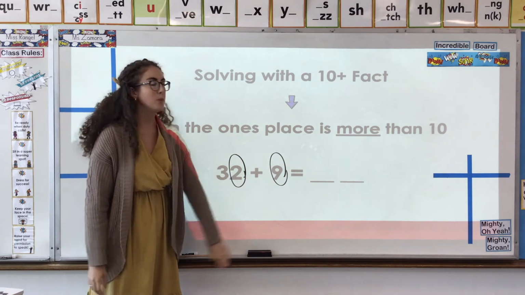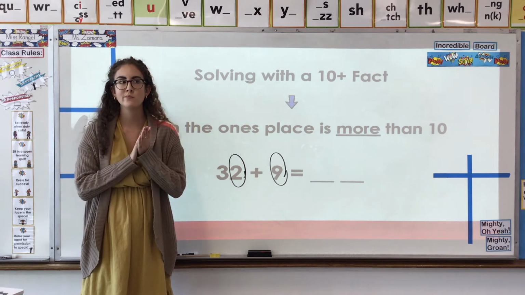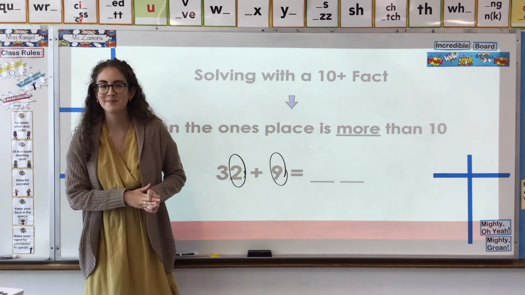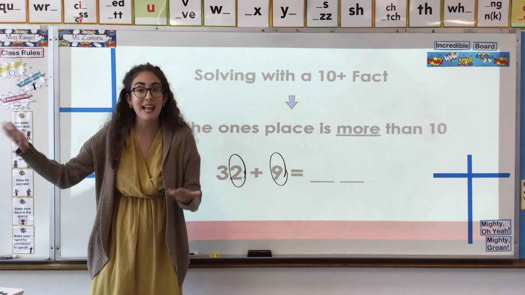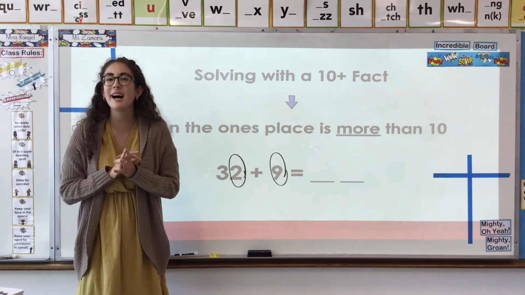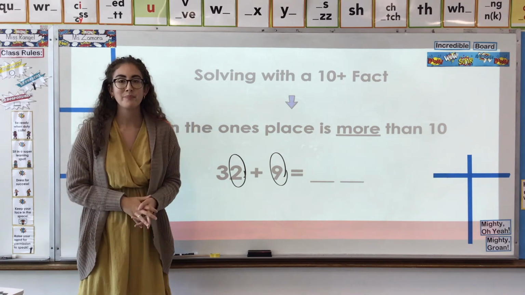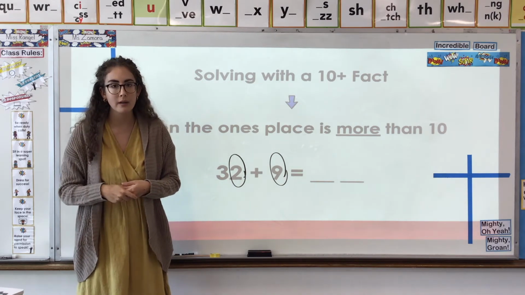So what's 2 plus 9? What is 2 plus 9? That's 11. Is 11 more or less than 10? The number 11. It's more than 10. It's a bigger number.